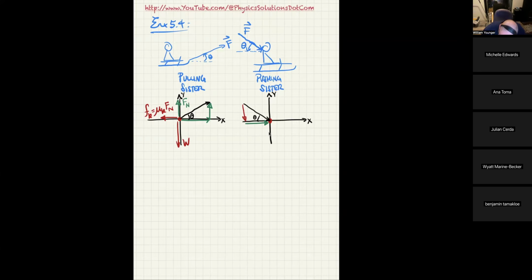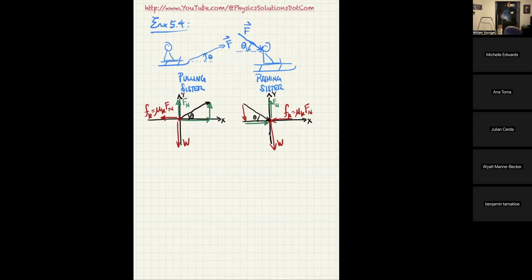We still have, of course, the normal force F normal, and a friction force, which is F kinetic equals mu kinetic times the normal force, and we still have the weight W acting downward.